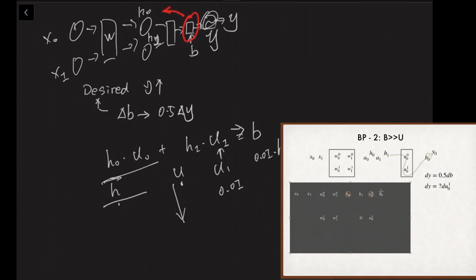And this part of the computation doesn't contribute to how u1 affects the value of b.